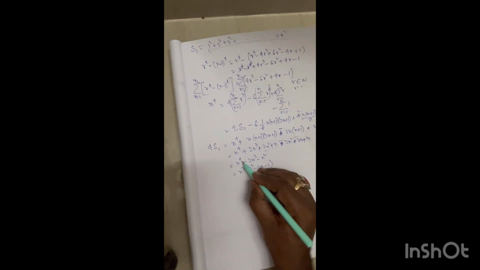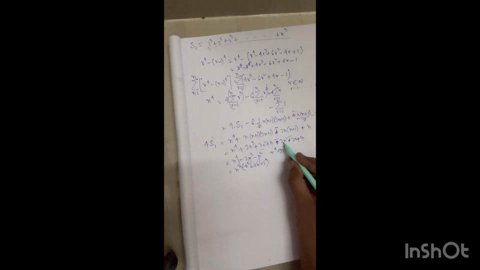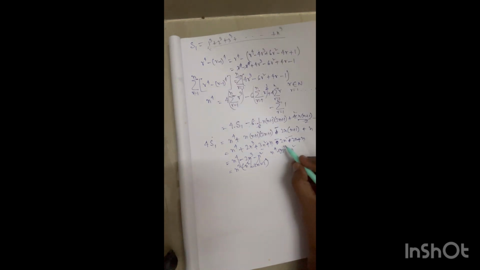So I made a mistake in the signs. So this is n to the power 4 plus 2n cube, and n square is equal to plus n square, and n into n is equal to 0.